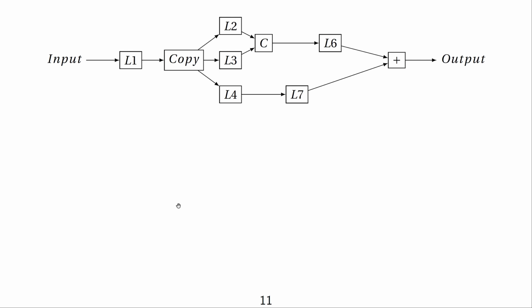This is an example of a more complex network where the input would be passed to layer 1, and then there would be some copy operation where the output of layer 1 would be sent over as input to 3 different layers, L2, L3, and L4, and then maybe the output of L2 and L3 would be concatenated together, and then we see at the end here there is an add operation where 2 tensors are added together, and then there's a final output.